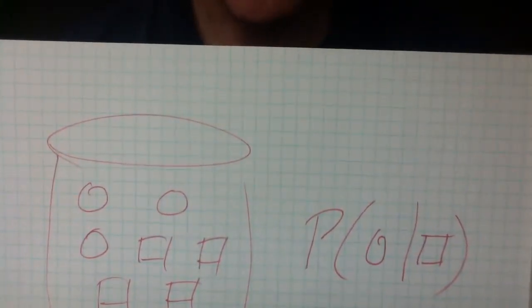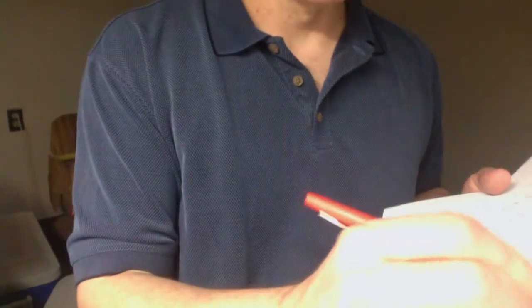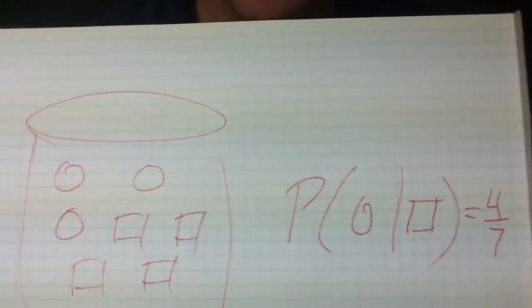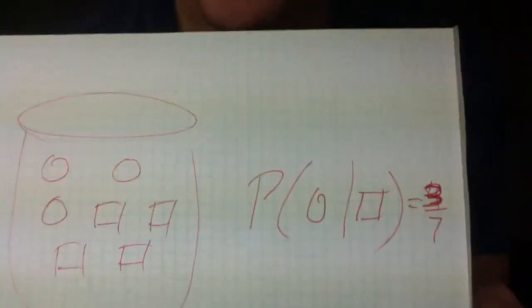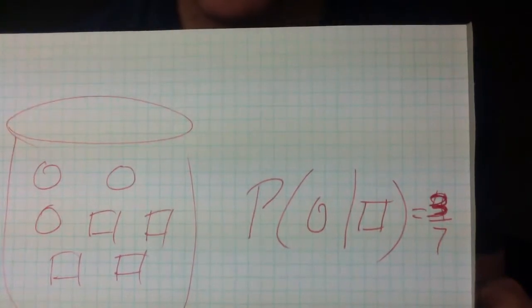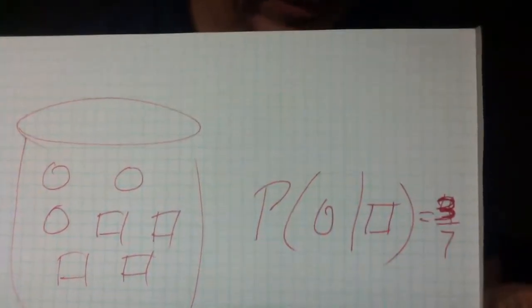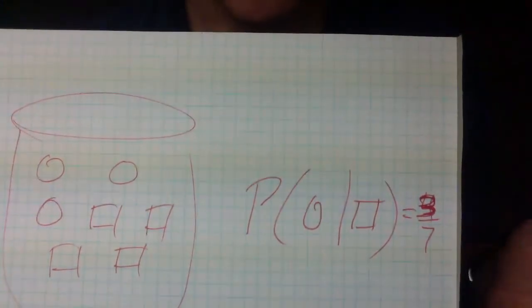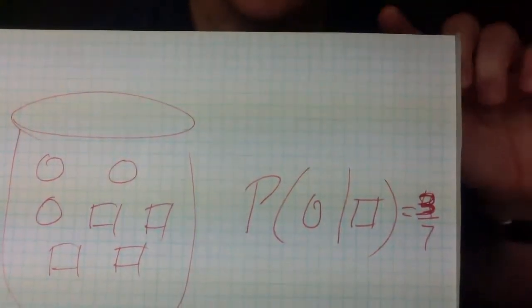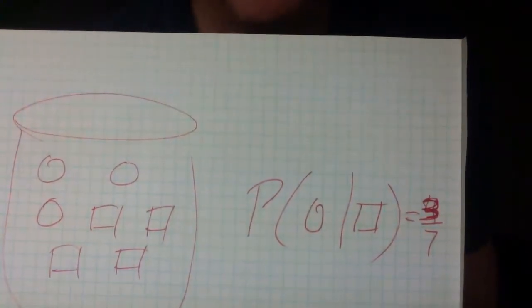It's with replacement. Well, that probability is 4 out of 7. Because there are 4, I lied. Your teacher's even prone to errors, sorry. 3 out of 7. Because there are 3 circles and there are 4 squares to make a total of 7 objects because I put the square back in.